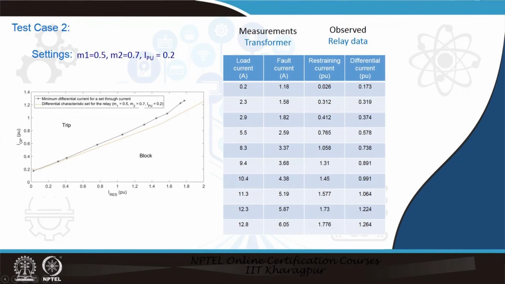We plotted them again like the earlier case, and we find that the points are in agreement with the relay characteristic set for the particular case. So, overall we see that the relay characteristics set for the particular case are in agreement with the setup for the three-phase transformer protection differential relay percentage biased characteristics.